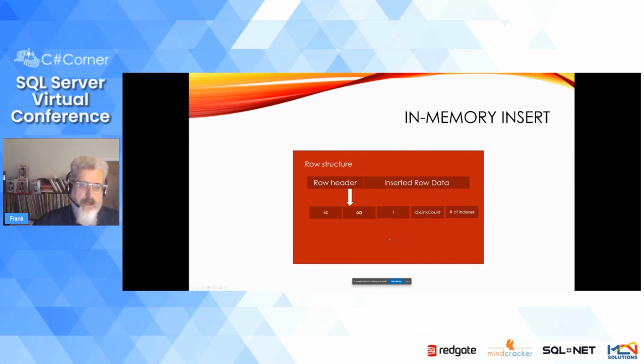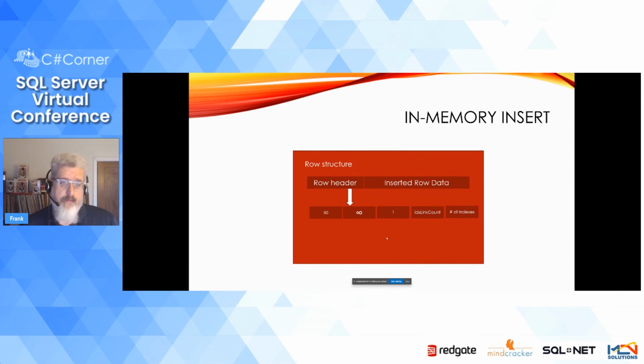But what happens is I do an insert into an in-memory table. My start timestamp is the time of that insert. And then for a row that has been inserted but not modified, my end timestamp will be high values. And in this case, my statement ID is 1.